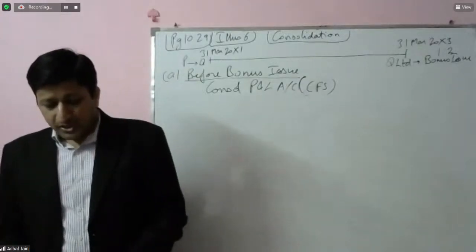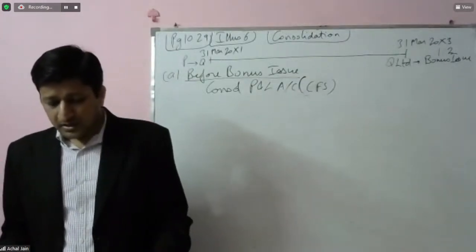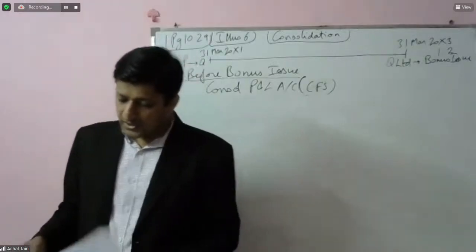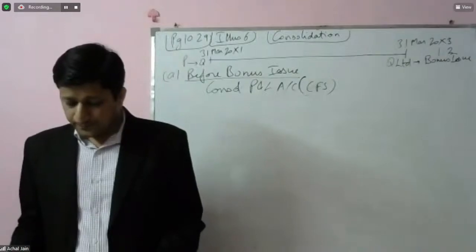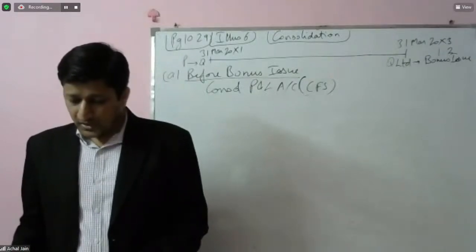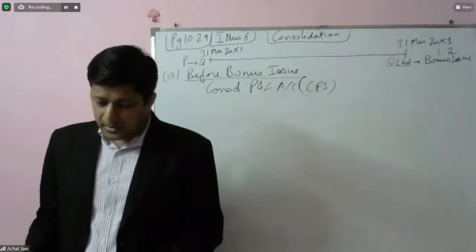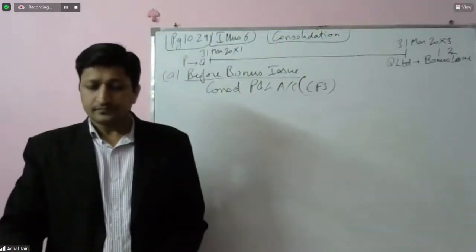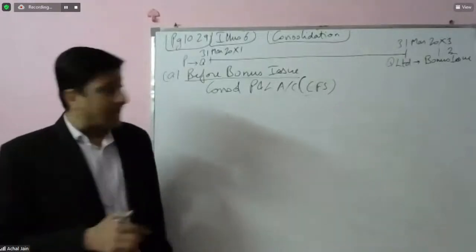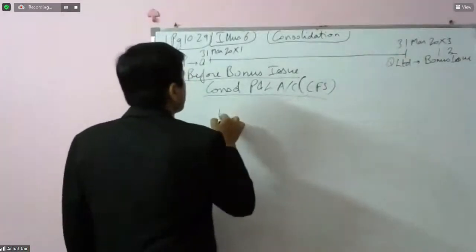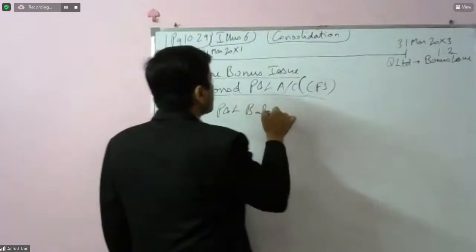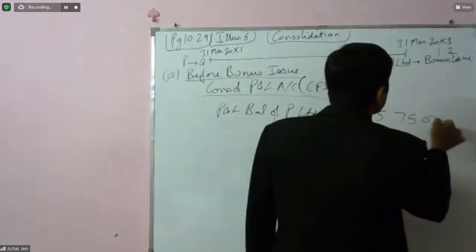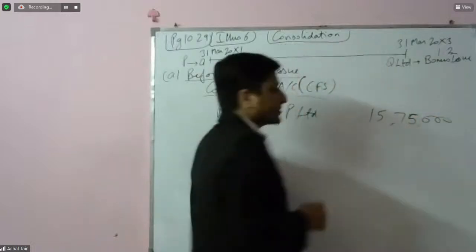So the balance with which they start, is it given in the question? Yes. So if you look at the balance for P, the consolidated P&L balance, so P&L balance of P, 15,75,000. This will be picked up 100%.